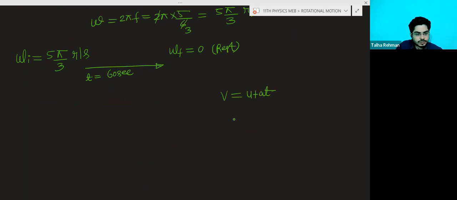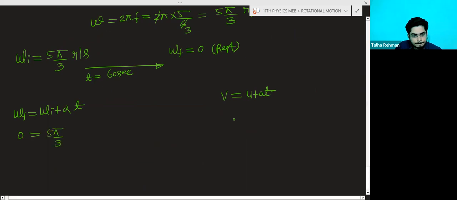Omega final is equal to omega initial plus angular acceleration into time t. Omega final is 0, initial omega is 5 pi by 3, plus alpha, and time is 60 seconds. So from here we can find the value of alpha.